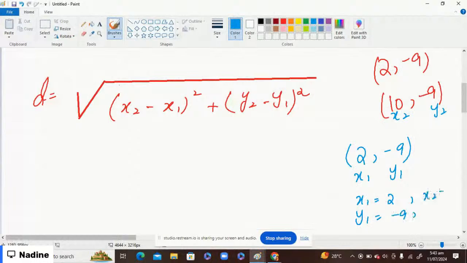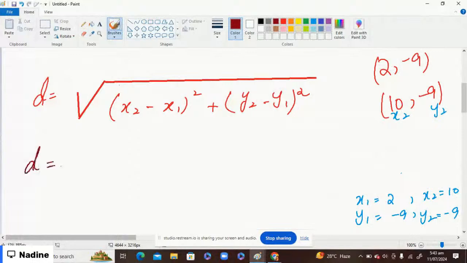What is x2, which is 10? What is y2, which is minus 9? In this way, you are more able to understand. Now you clear? Okay. Now just put it in the formula and then find the answer. So d is equal to, let's put it in the formula.